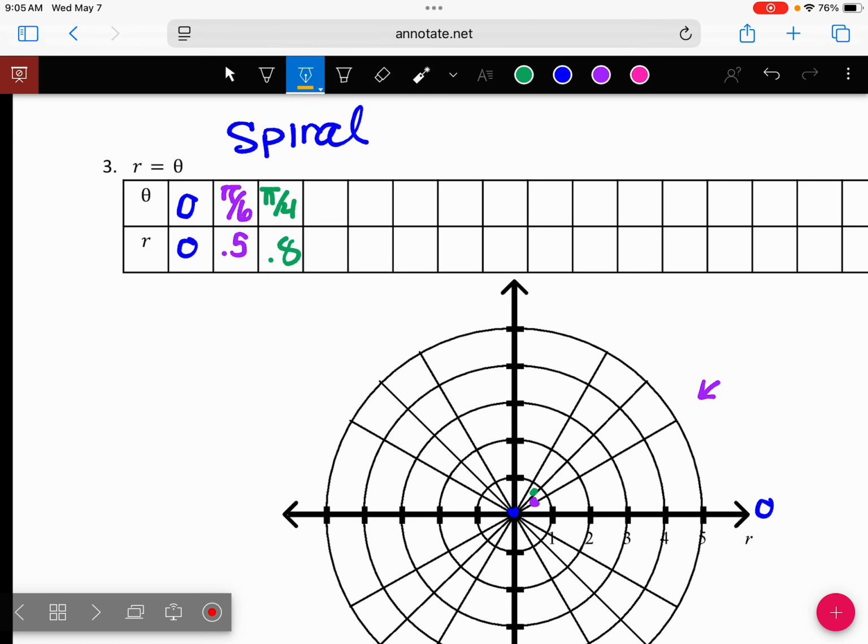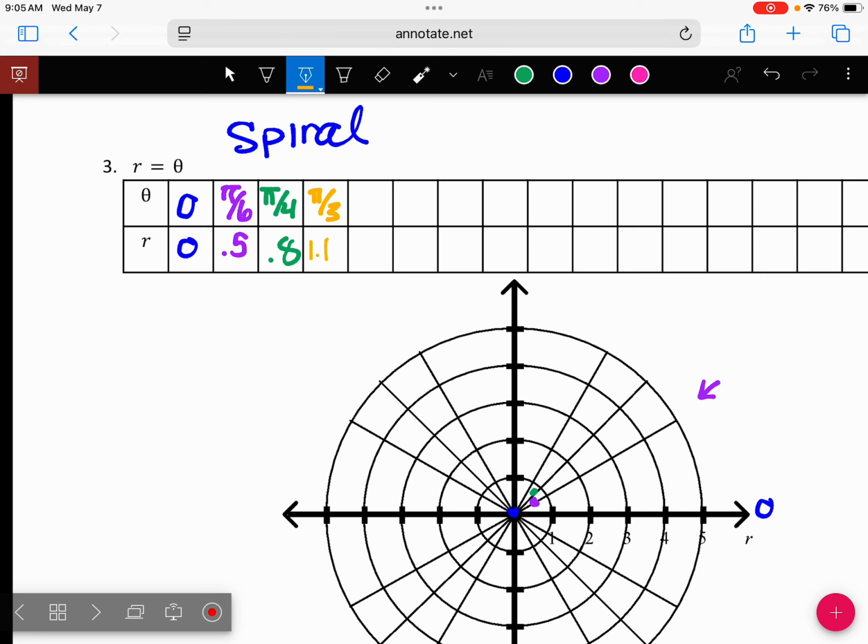Then let's look at our pi over 3. Yeah, and some change. I have it at about 1.1, but... 1.047. Oh, I think I put it wrong. Hang on a second.